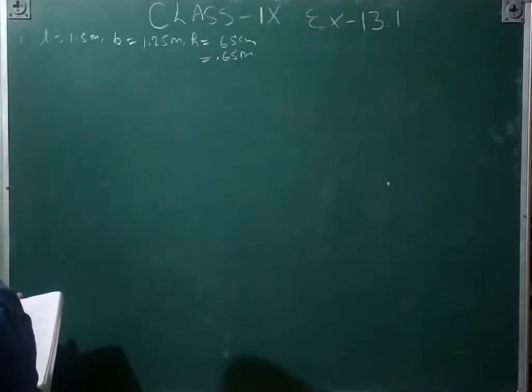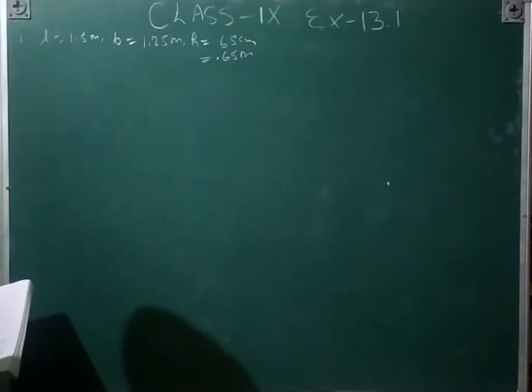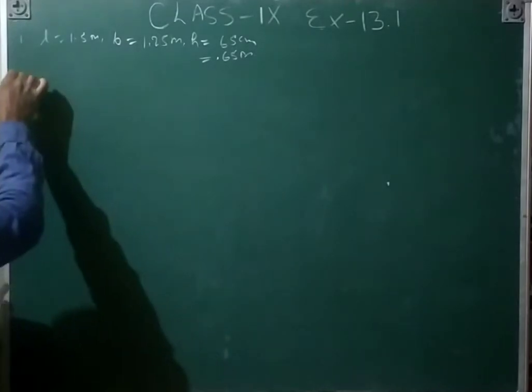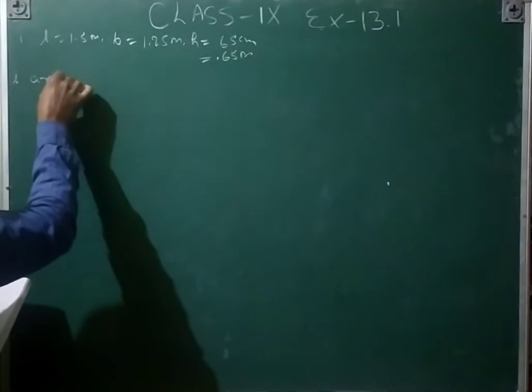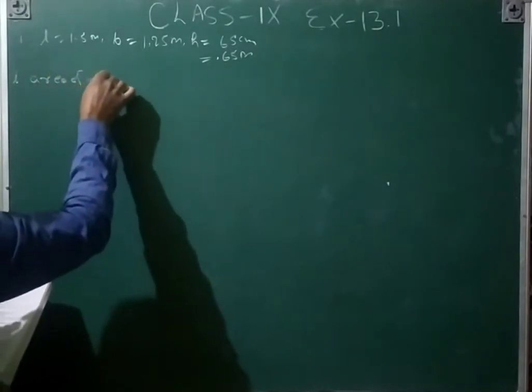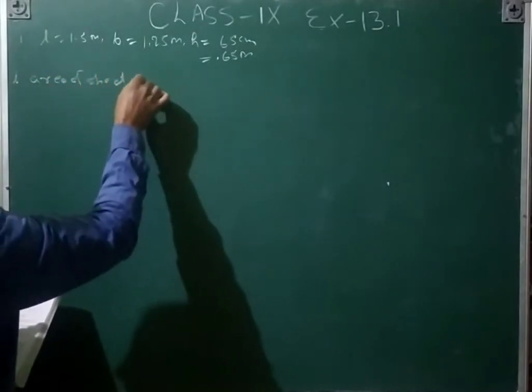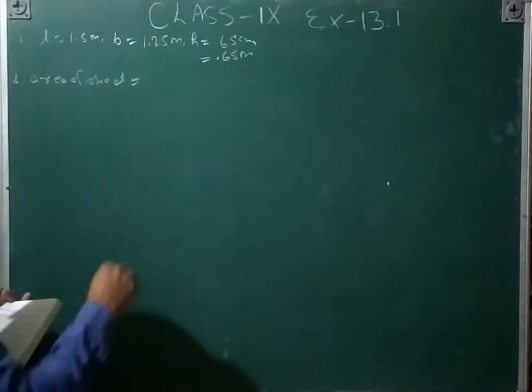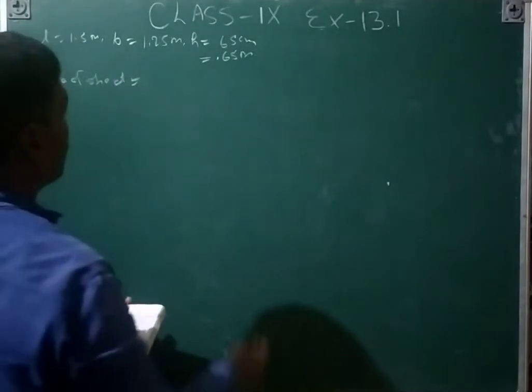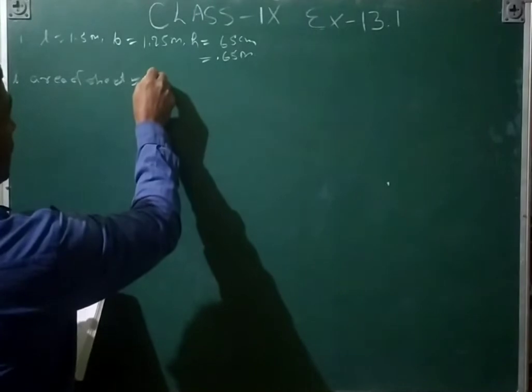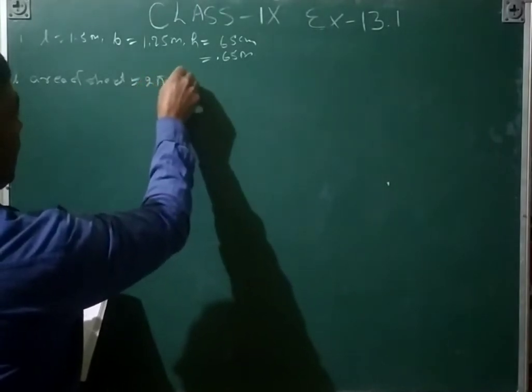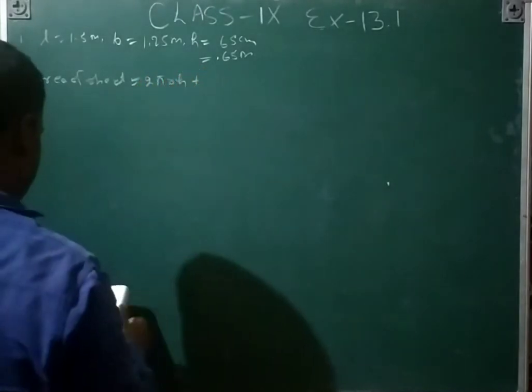Ignoring the thickness of the plastic sheet, determine first the area of the sheet. The area of the sheet is equal to: one side is open and one side is closed, so the sides are CSA, which is 2 pi RH.